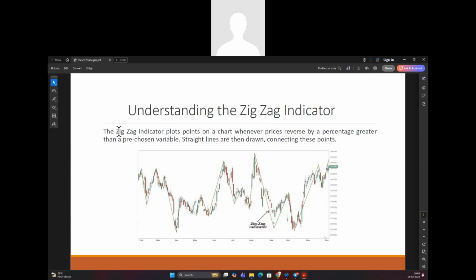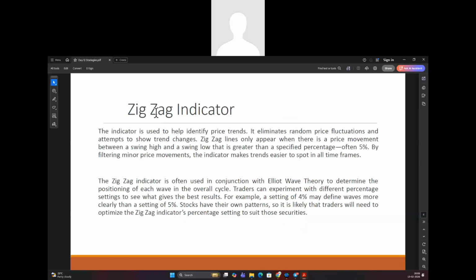Understanding the zigzag indicator. The zigzag indicator plots points on the chart whenever prices reverse by a percentage greater than a pre-chosen variable. Straight lines are then drawn connecting these points. Zigzag indicator is used to help identify price trends, eliminate random price fluctuations and attempts to show trend changes.